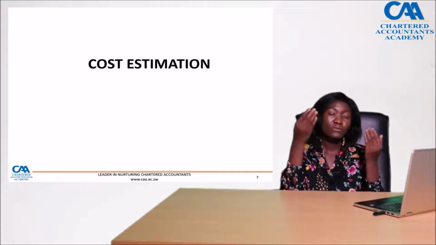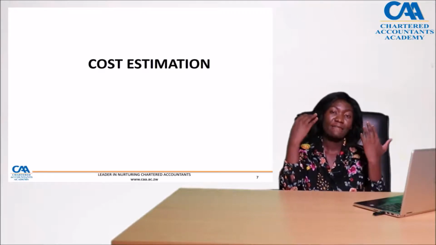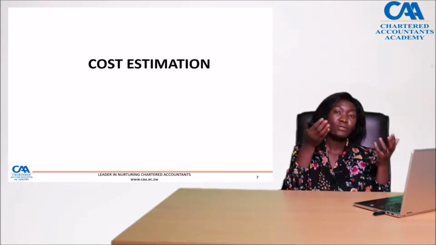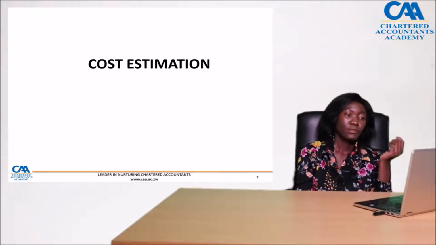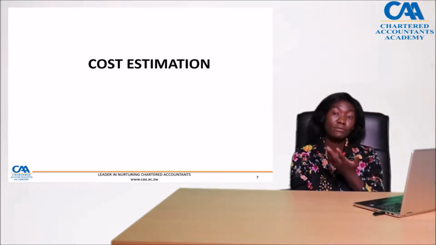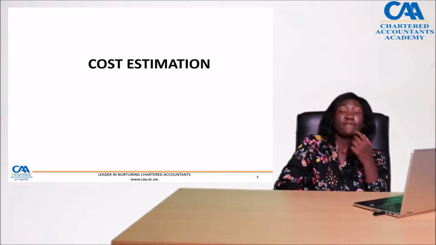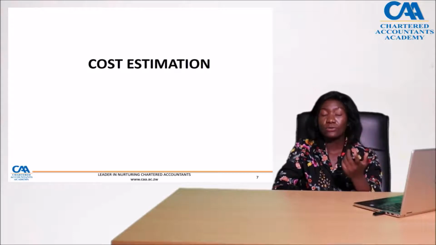So with that in mind, I need to first of all classify my variable costs. Now let's discuss cost estimation methods. The following approaches are used when you are estimating costs.